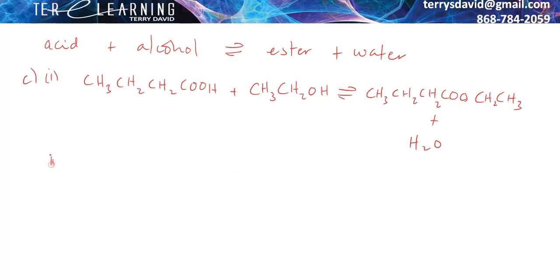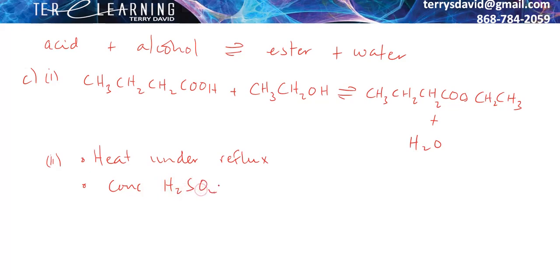In part 2, they want us to state the conditions required for this reaction. So this is an esterification reaction, right? So we're going to heat under reflux, right? That's one condition. And we're going to use concentrated sulfuric acid as a catalyst.